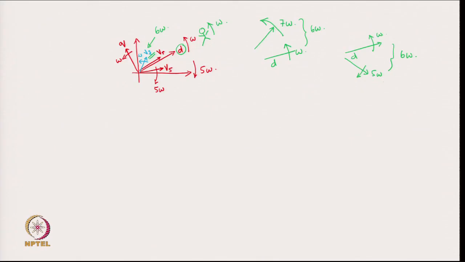Now, it may happen that this 5 omega, instead of rotating in clockwise direction, can also rotate in the anti-clockwise direction. 5 omega can rotate in this way also, and in that case you would have seen a 4 omega, which means you would have seen 4 lobes in the DQ, in the d axis and q axis, because if that fifth harmonic space vector was rotating in anti-clockwise direction, you would have got a 4 times lobe in it.